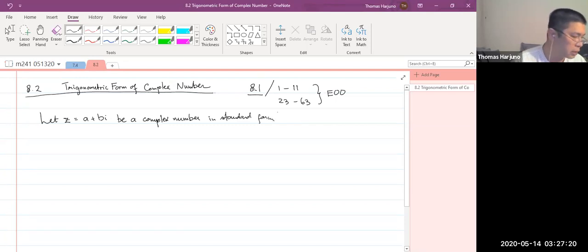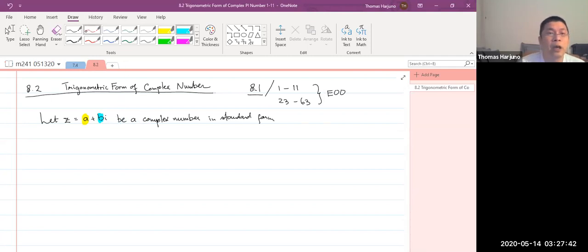We call that standard form because it consists of the real part, a, without i, and then the imaginary part, the one that has coefficient i. That's the coefficient of i. Okay, now that's in standard form.